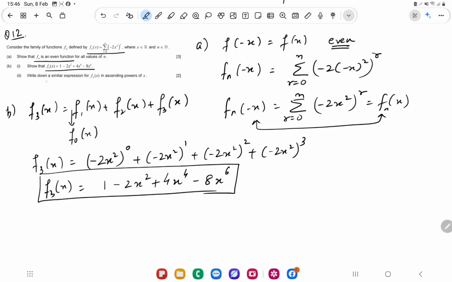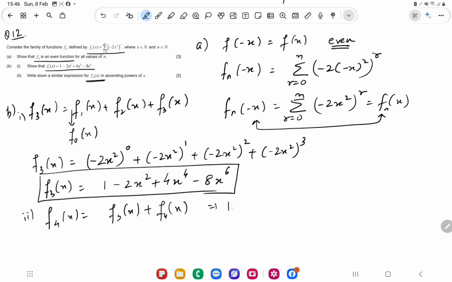Now it says for the second part, write down a similar expression for f4 in ascending power. So for f4(x), I can write that it is f3(x) plus one more term.